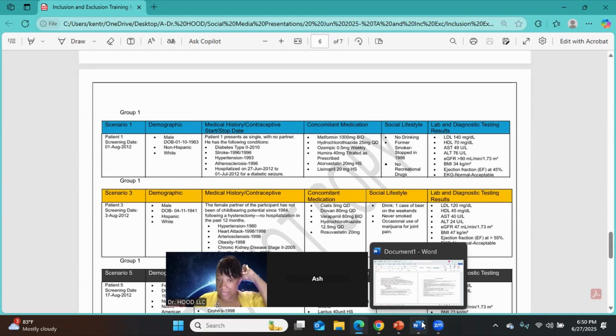And not only is he taking Humira, his medical history does not say why. So for accurate documentation, a CRA coming in and doing a reconciliation of comments to medical history will probably ask the site to include in the medical history why he takes the Humira.